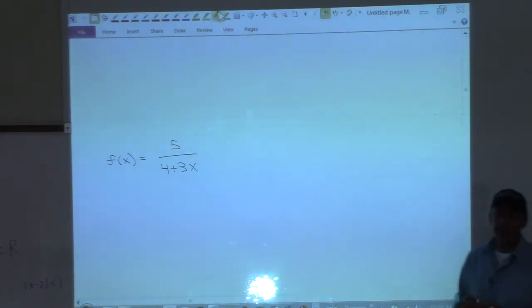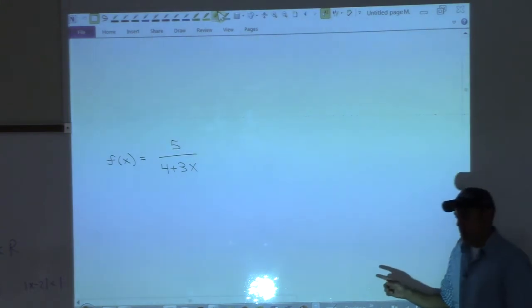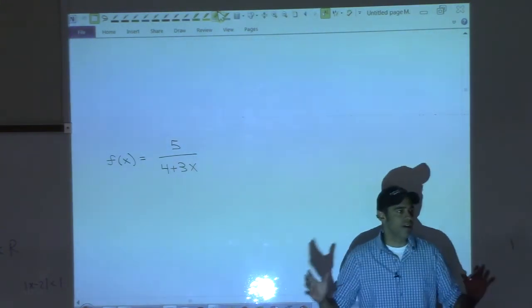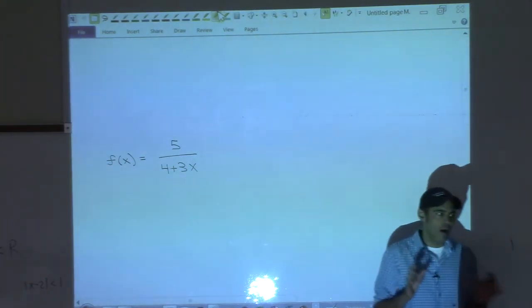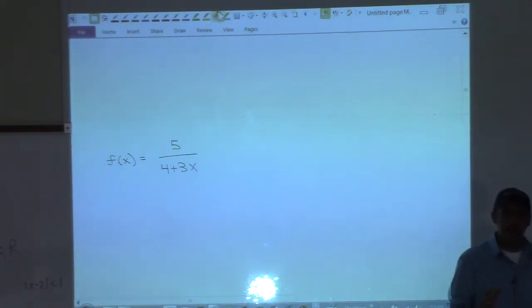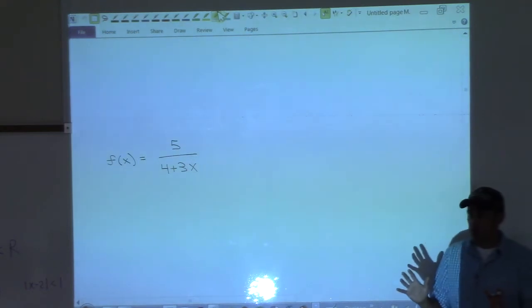We want to try and express this as a power series. And remember, the big picture here is that any function, as long as it is behaving well, can be represented as a power series. Every function.